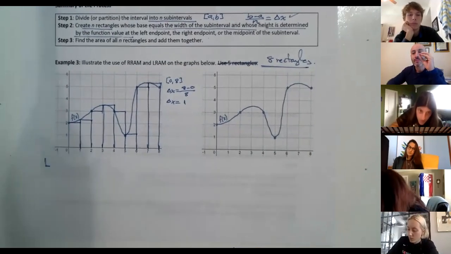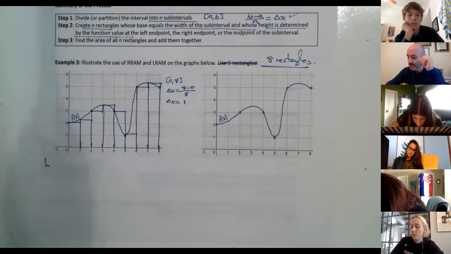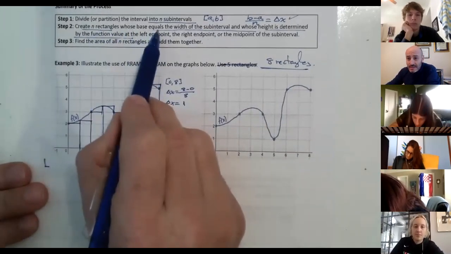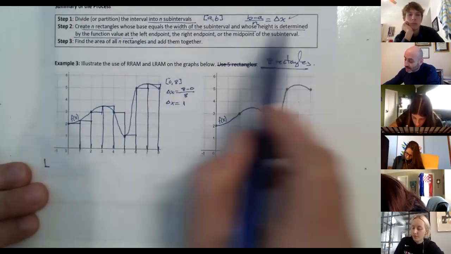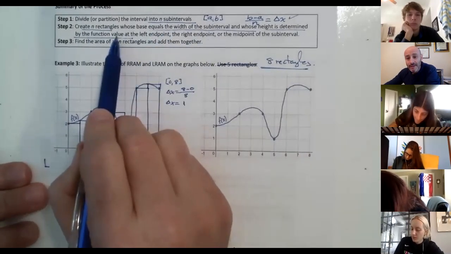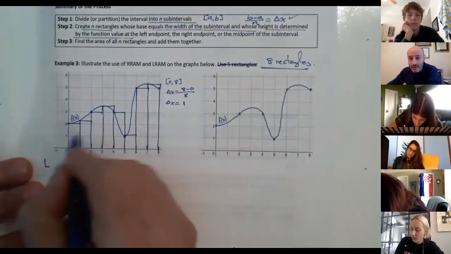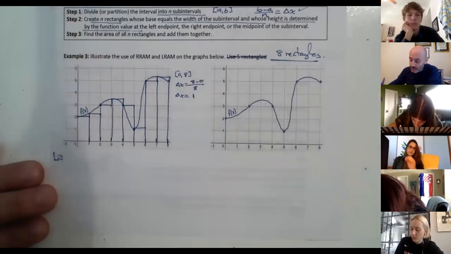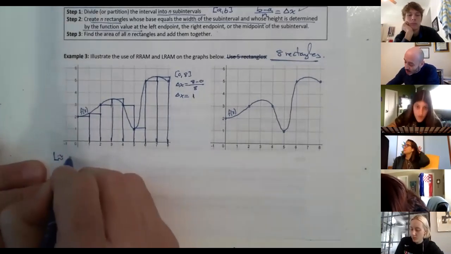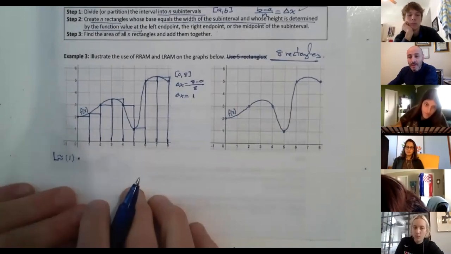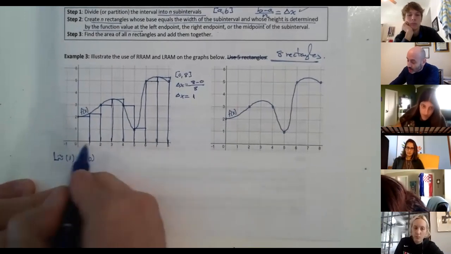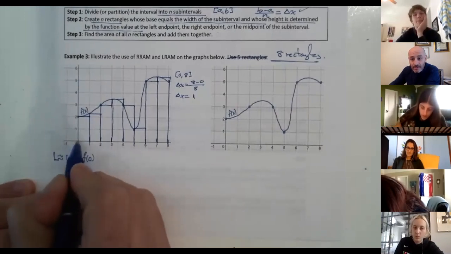So how do I determine the area of each rectangle? The base times the function value, right? So for the first rectangle, the base is 1, so it's 1 times f of 0, because I'm using this left point, right?